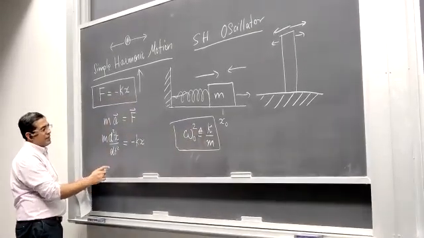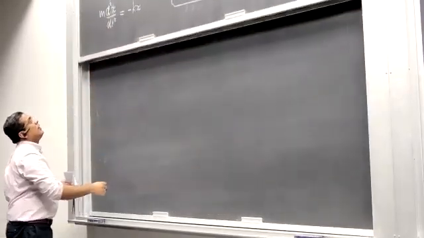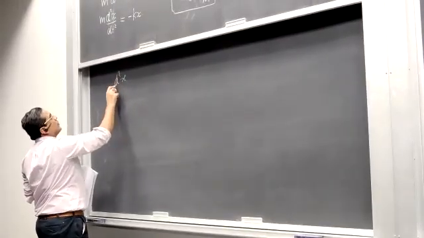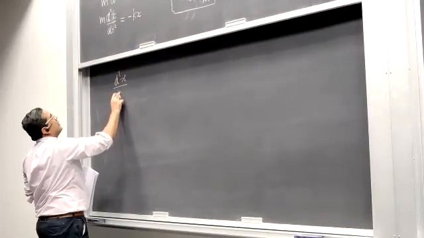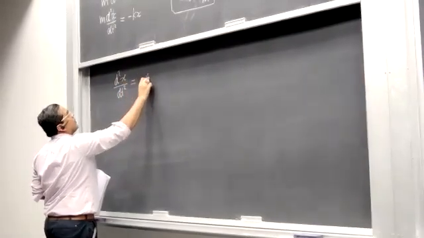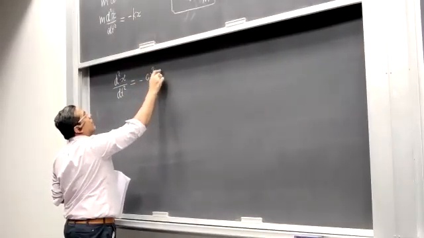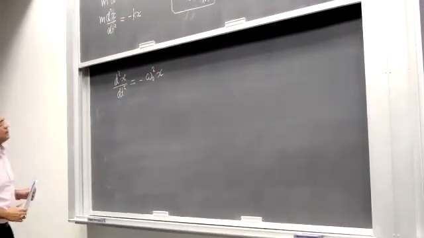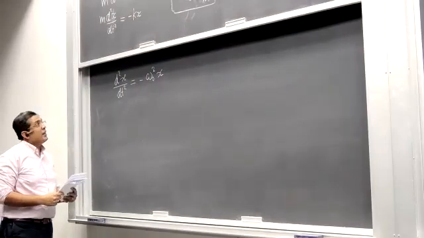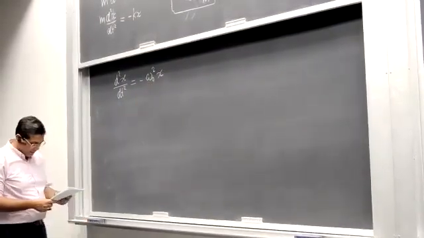And then this equation becomes d squared x over dt squared equals minus omega naught squared x. So we get an equation of motion, and we will see what omega naught is once we are done doing this problem.